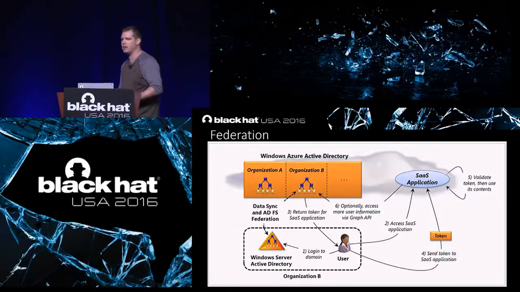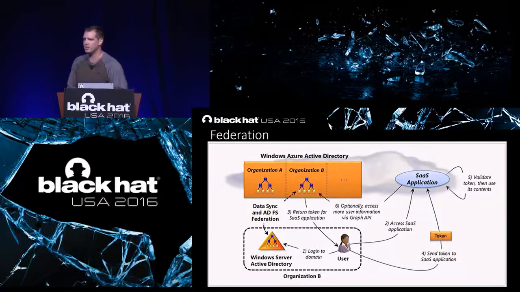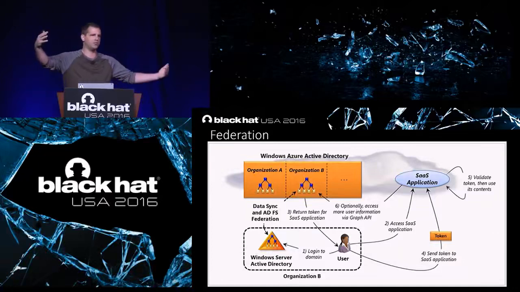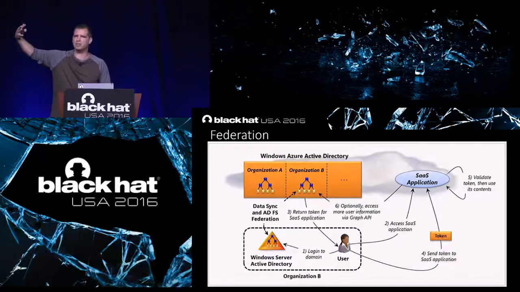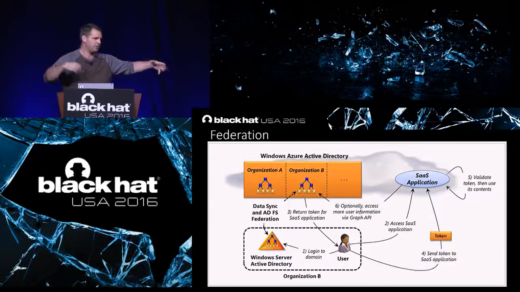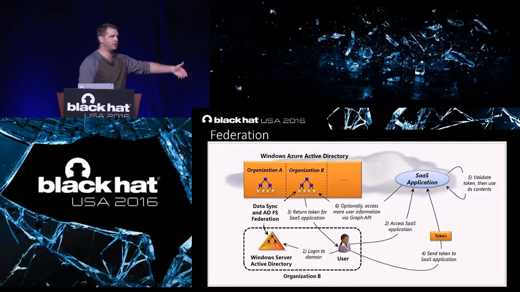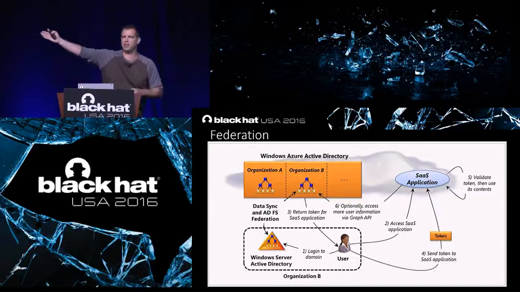So when we're talking about cloud, we're often talking about federation. You have two organizations, a supplier and a purchaser. The supplier has a web app in the cloud, the purchaser has their standard organization, and there's a user that needs to go to that web app to purchase some products. So with federation, that user authenticates to their local Active Directory as normal, and then they attempt to hit that web app.